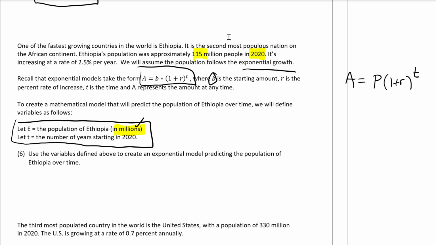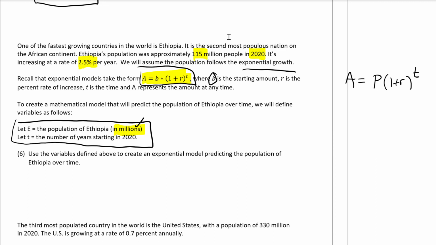Alrighty, it says use the variables defined above to create an exponential model predicting the population of Ethiopia over time. So connect what's highlighted right here, the percentage, the amount that you start with, your equation for exponential growth, and I'll give you a moment to write down your model. Go ahead. All right, so let's review.